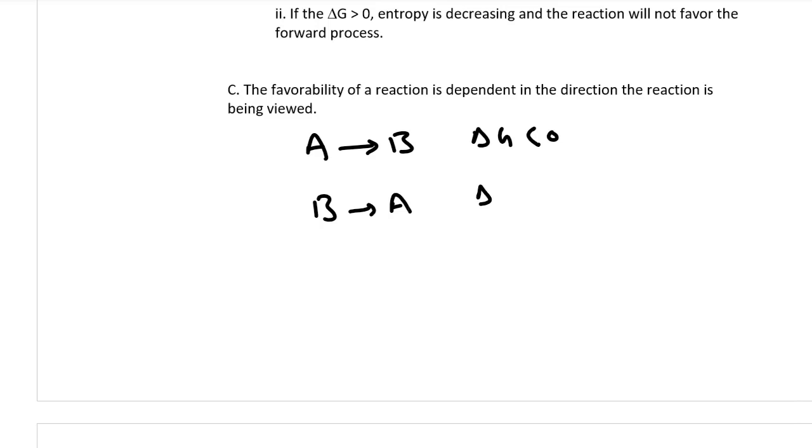This delta G is greater than 0. I'm going to call it delta G prime because we're saying that they're different. But the absolute value of delta G equals the absolute value of delta G prime. The numbers are the same, but the sign is different. In the case of A goes to B, it's a negative number. In the case of B goes to A, it is a positive number, but the number itself is the same. We'll stop there and continue later.